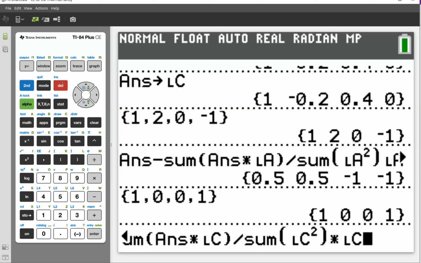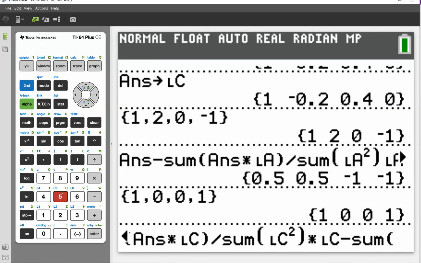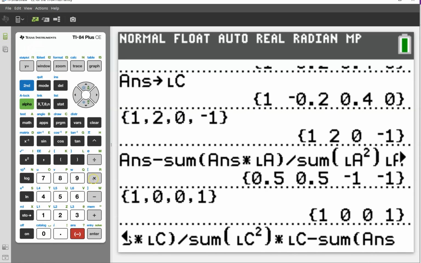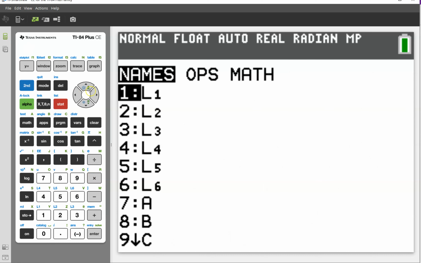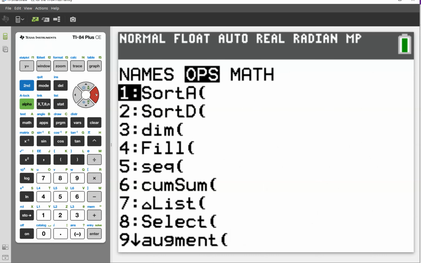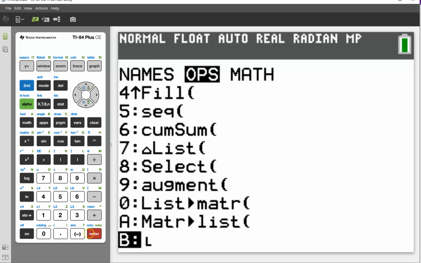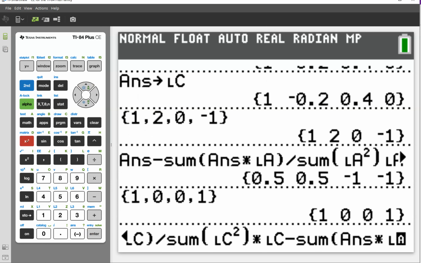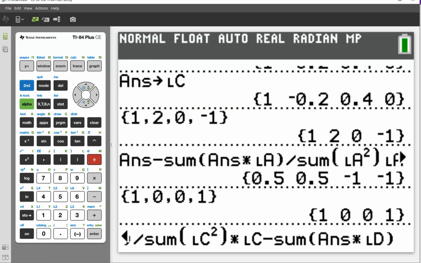Okay. But this is exactly what we want to do. We want to take the previous answer and do the projections, which is exactly what we typed in before. So I don't have to type this in again and again. So now minus the sum of the previous answer times list D is what we want this time, because that was the one we just made.